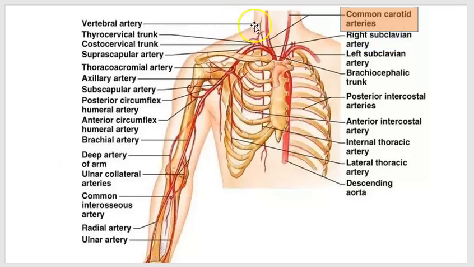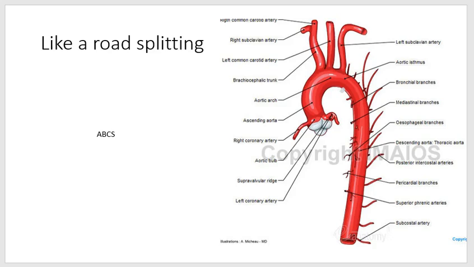And then up here, you can see your common carotid arteries, left and right. That is another pulse point. So that's the one when you're checking your pulse on your neck, you're checking your common carotid arteries. So this is basically just like a big road that starts to split off, and as these roads split off of another road, they just get a new name.